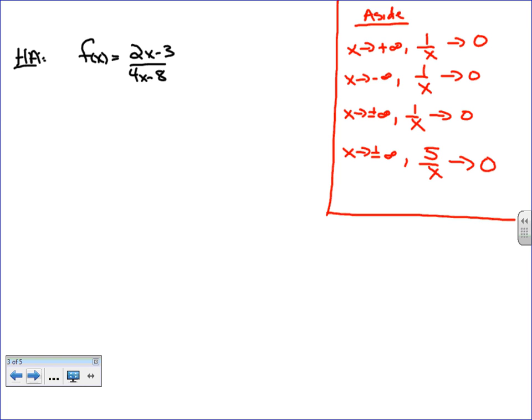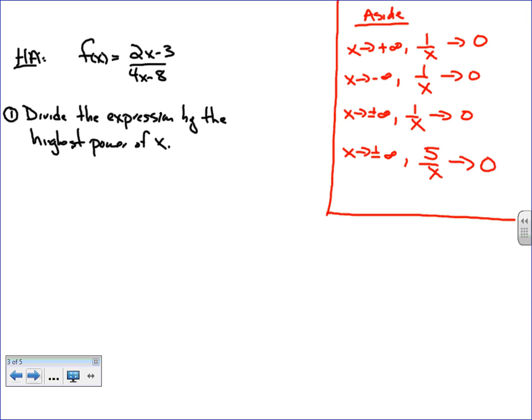So to determine the horizontal asymptote, the first step is to divide the expression by the highest power of x. So you look at your expression, which is 2x minus 3 over 4x minus 8.